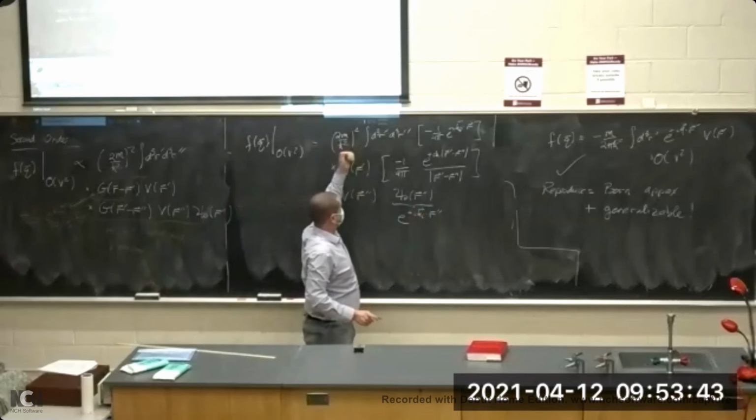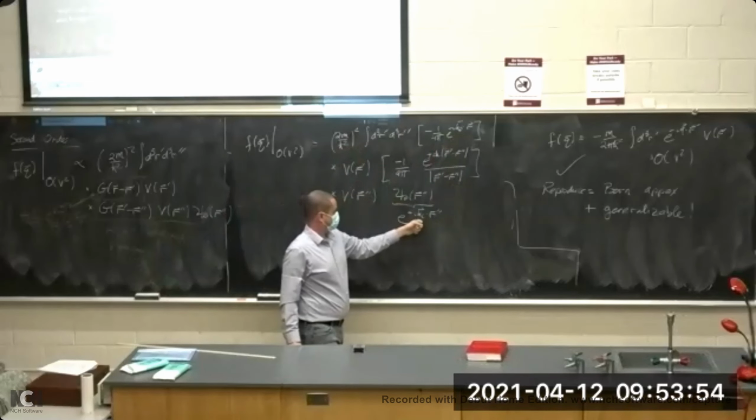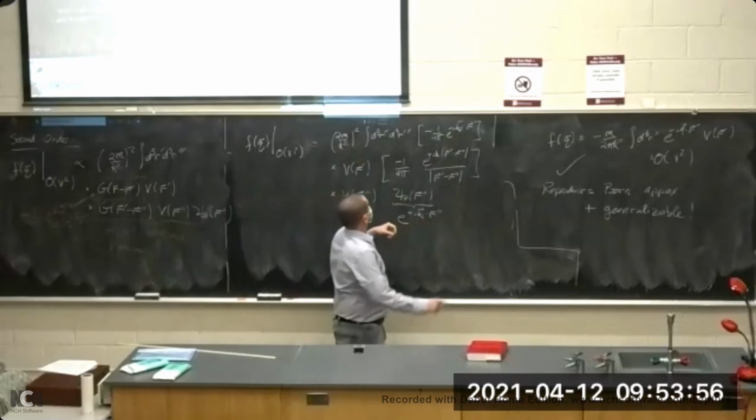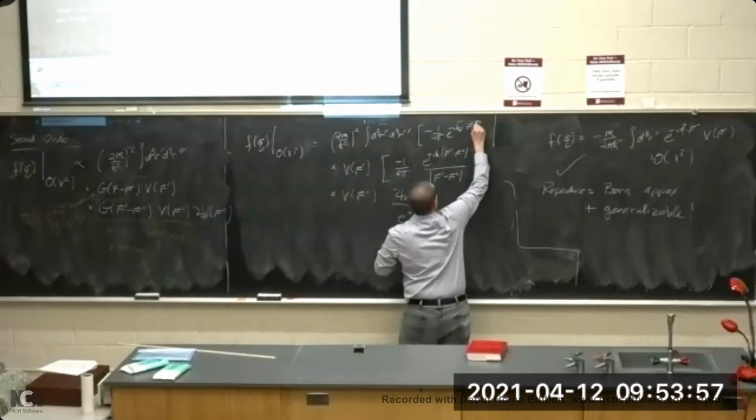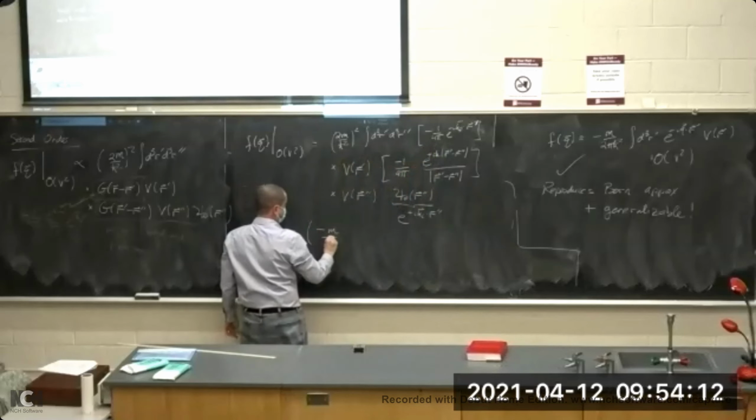The last endpoint generates the spherical wave, and it generates the outgoing momentum state, e to the minus i k final dot r. The initial condition generates e to the plus i k initial dot r double prime. This is r prime. These are at different points. So what I'm left with, you'll notice this minus 1 over 4 pi and another minus 1 over 4 pi automatically combine with the coefficients in front. So I just get two factors of that minus m over 2 pi h bar squared. And I've got integrals over r prime, r double prime.